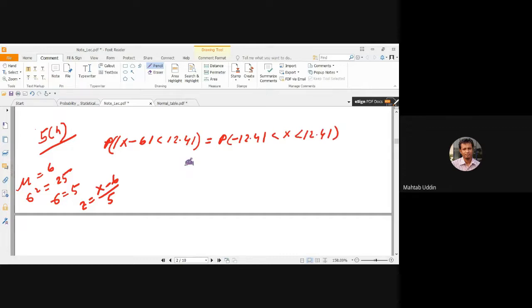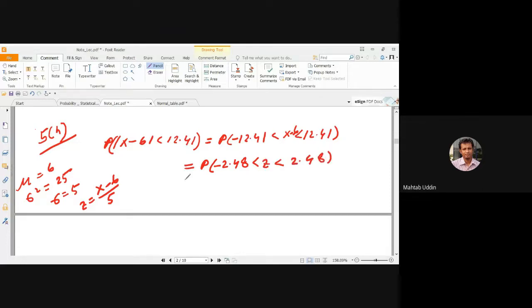Since x minus 6 is already given, we just divide by 5. Dividing by 5, we get minus 12.41 divided by 5 is 2.48, and x minus 6 by 5 is equal to z, as in 2.48.